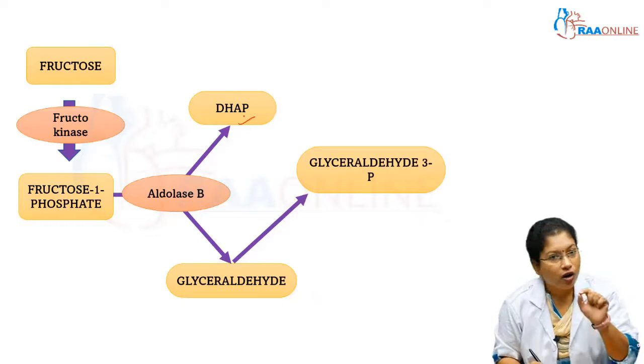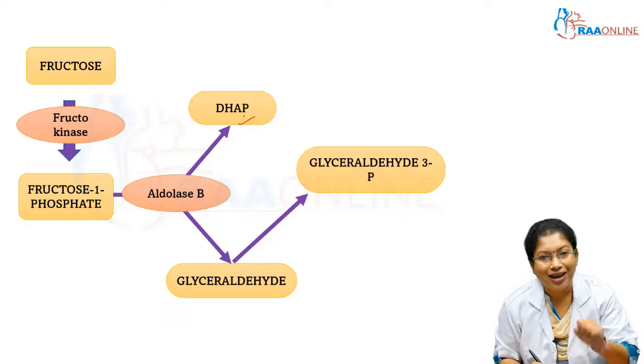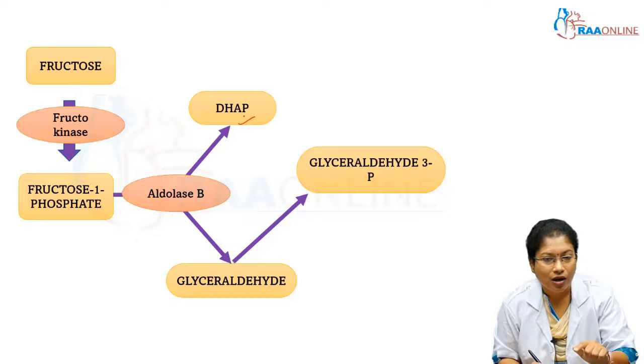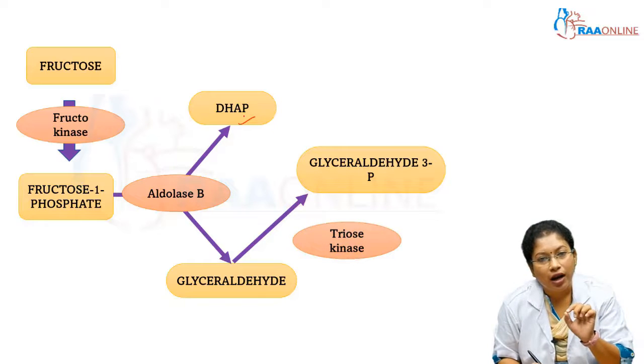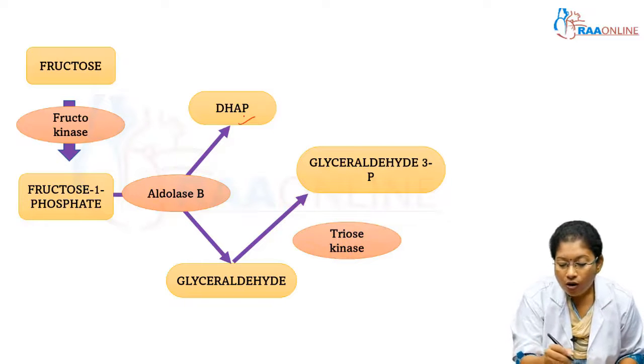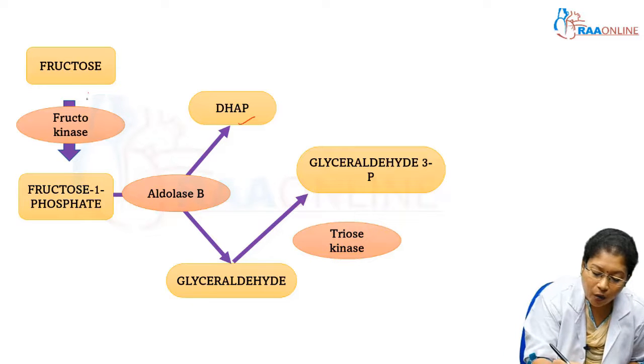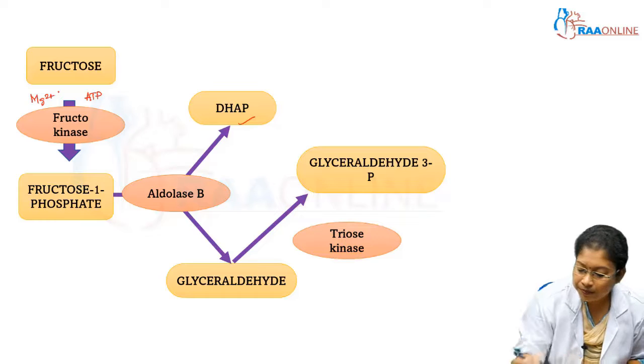Here you are adding one phosphate group, so the enzyme is a kinase. How many carbons? 3 carbons. So it is triose kinase. All the kinase reactions require one ATP and magnesium.